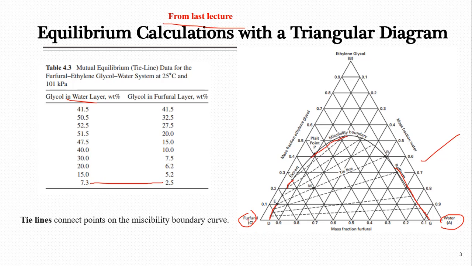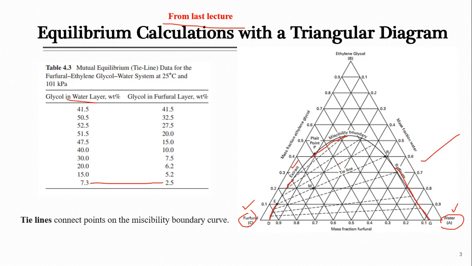Here based on this diagram, we have furfural on the left side and water on the right side. So due to this, the water rich phase is on the right side and raffinate is here, while you can see extract written here on the left side because here furfural is in higher amount. The furfural rich side will be located on this side.